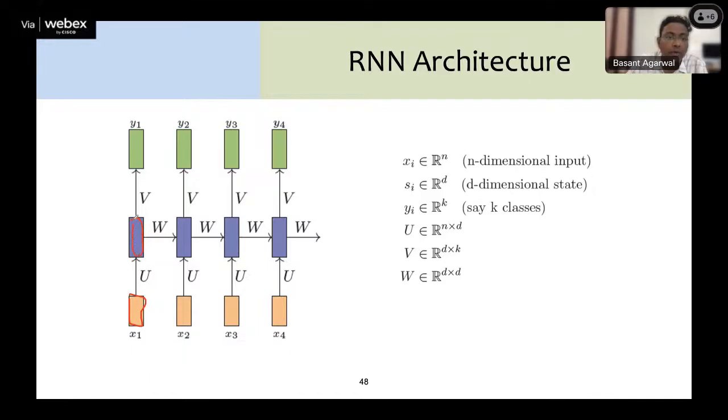So in U, this is your N, this is your D. So N cross D will be the number of parameters in U, and similarly in V, let's say K is the total number of classes in the output. So in V we will have a D cross K matrix, and W will be D cross D. Okay, so these will be the dimensions and the number of parameters in this network, and biases, obviously.